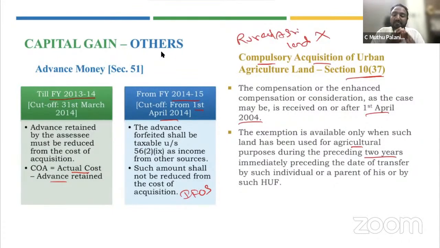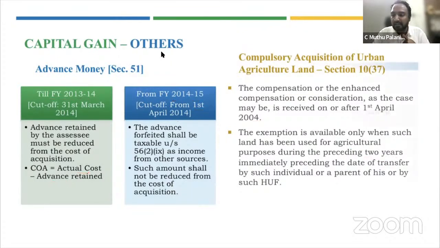So the condition is it must be an urban agriculture land, used for agriculture purposes for 2 years, either by himself or by the parent, and such land should be compulsorily acquired. Then both the compensation and the enhanced compensation are not taxable, and are exempt under section 10, clause 37. So this is about your capital gain things.